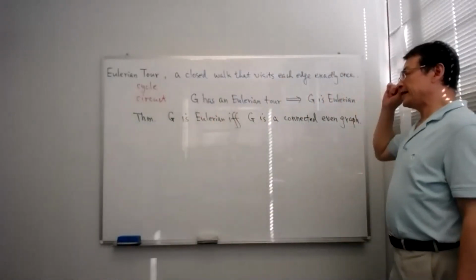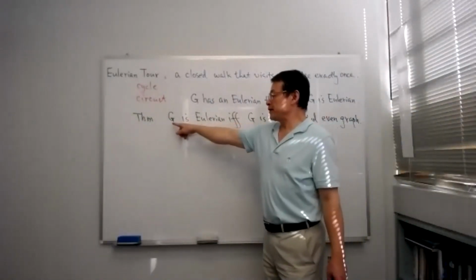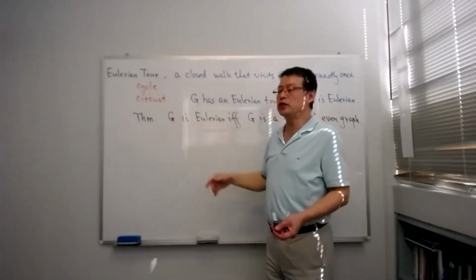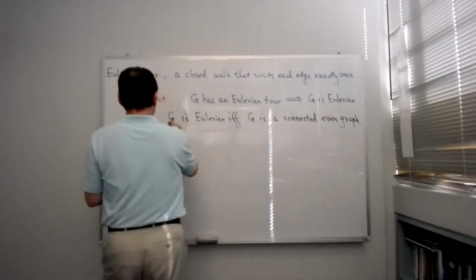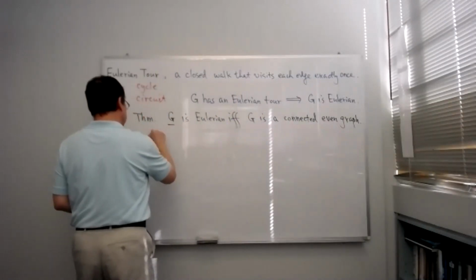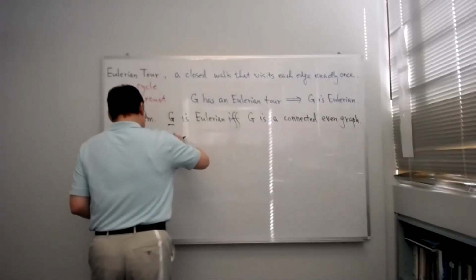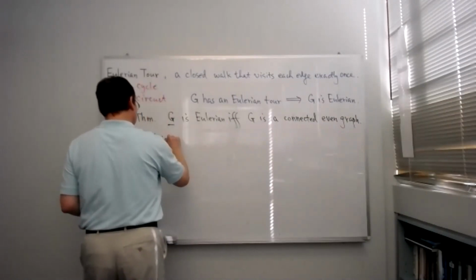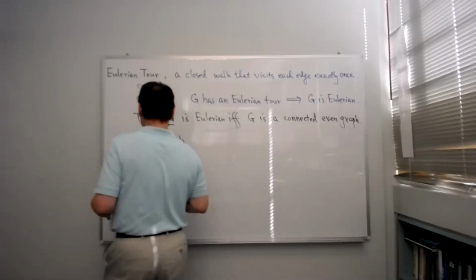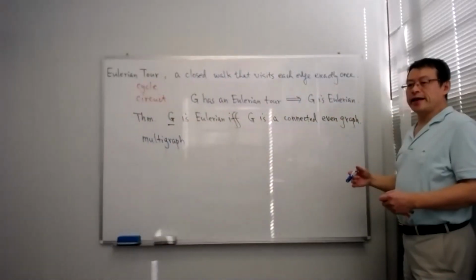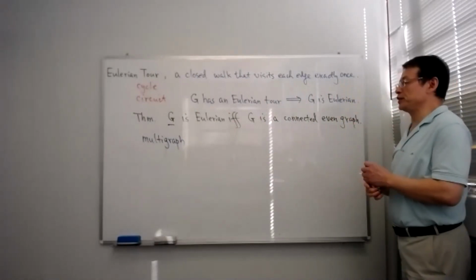So we're going to show that the graph can be a simple graph or a multigraph. It works for multigraphs. So in general, G can have parallel edges or multiple edges.